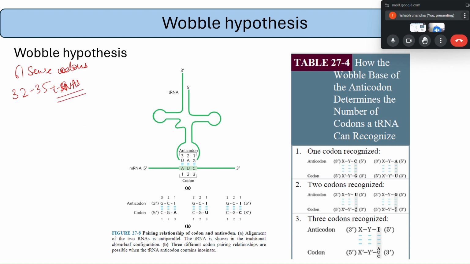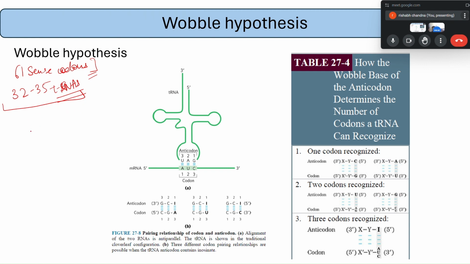In vertebrates, basically, in lower organisms, the number is also small. So how do we justify the presence of these many tRNAs for these many sense codons? So what happens? The environment has designed its own ways.